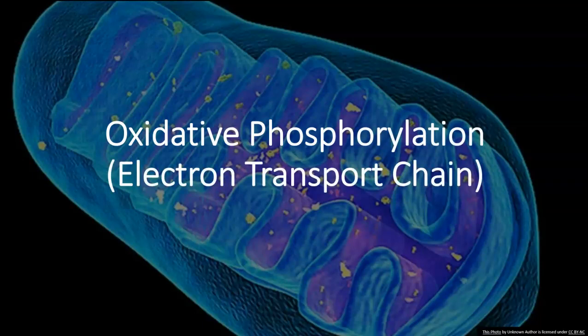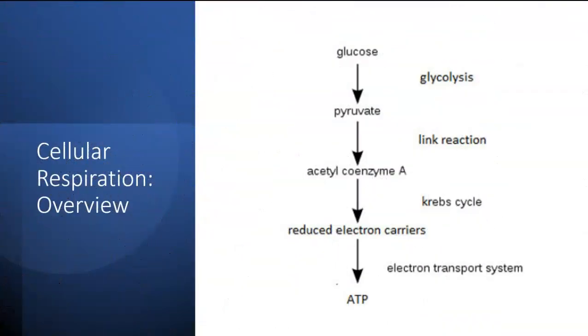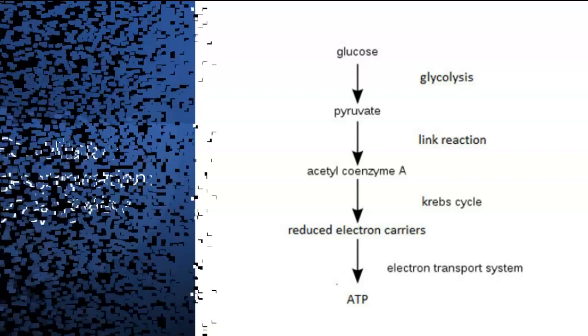Now we've got oxidative phosphorylation, also known as the electron transport chain, or the electron train. So we've looked at glycolysis, we've looked at the link reaction, we've looked at the Krebs cycle, and at the end of the Krebs cycle we add reduced electron carriers that are coming into our electron transport system.